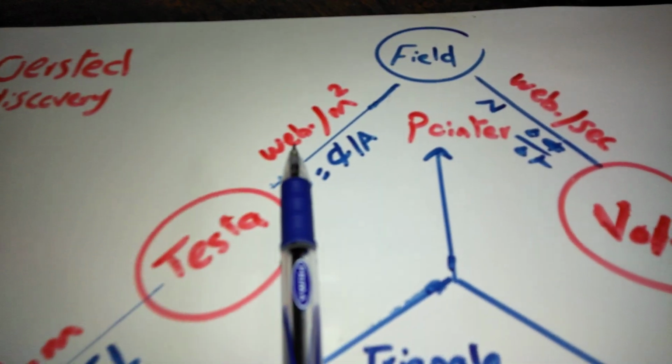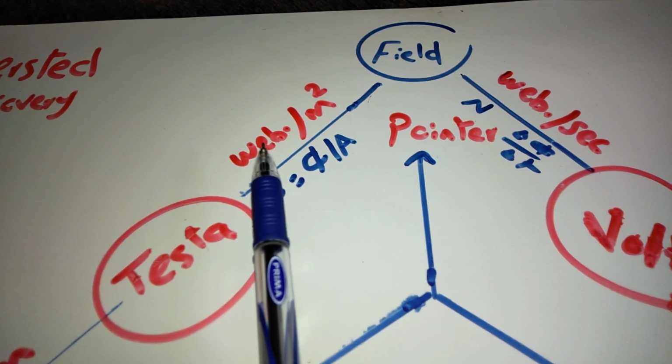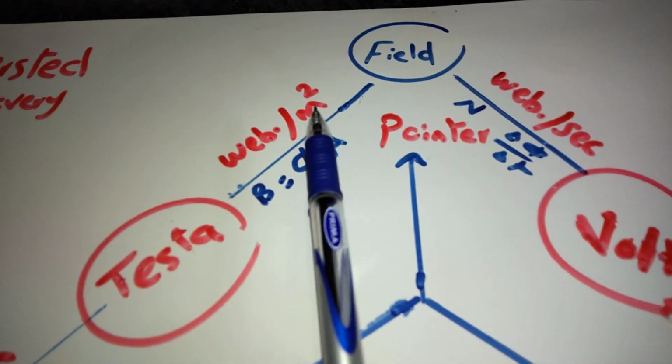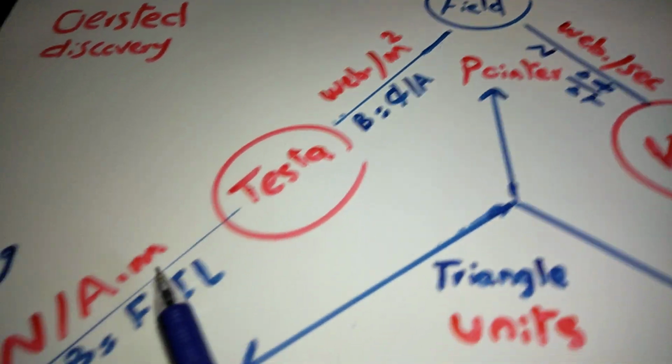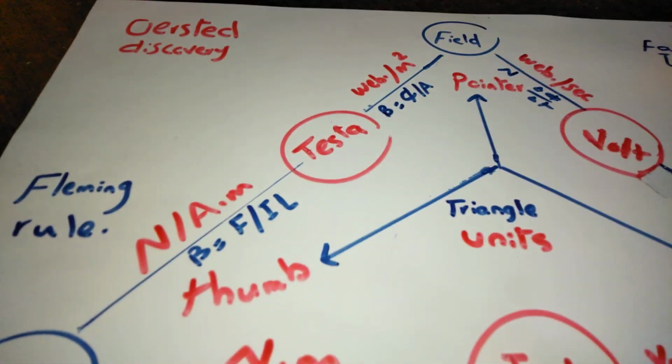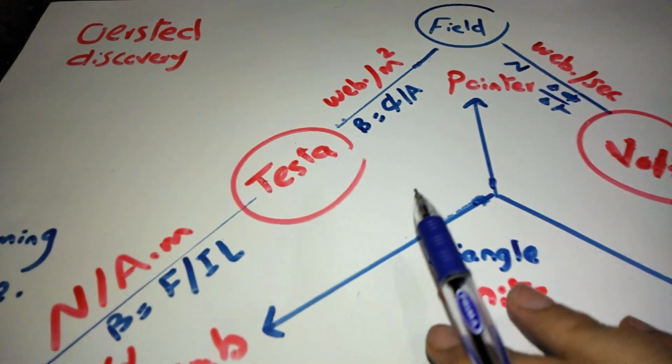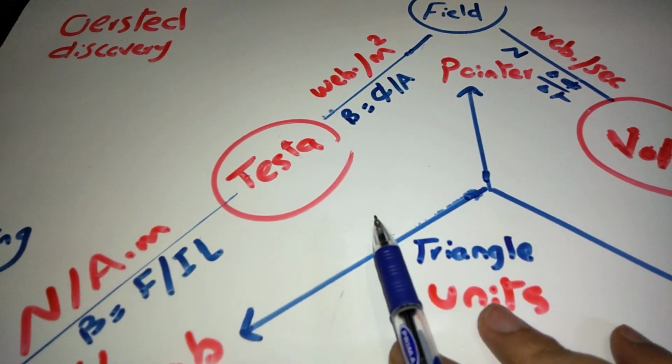So we have to memorize the equivalent units for Tesla very well: Weber per meter square, don't forget it, and Newton per ampere meter. These are units that should be memorized very well.